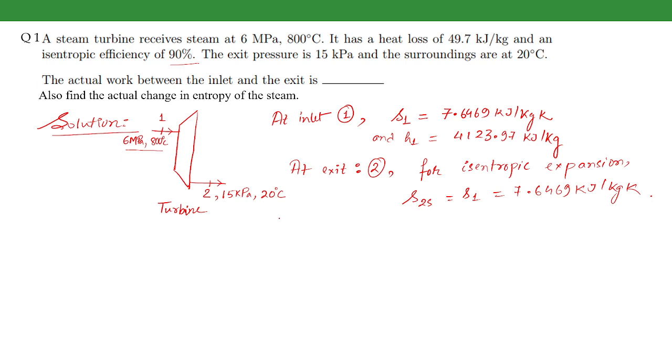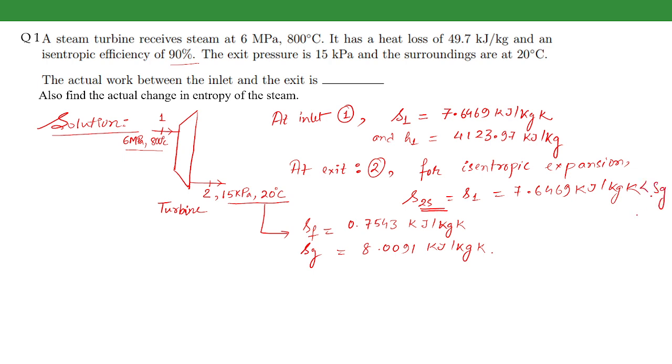At 15 kilopascal, the value of Sf is 0.7543 kilojoule per kg Kelvin, and Sg is 8.0091 kilojoule per kg Kelvin. So this S2s value is less than Sg, so it will be in a mixture state, that is a mixture of liquid water and vapor.